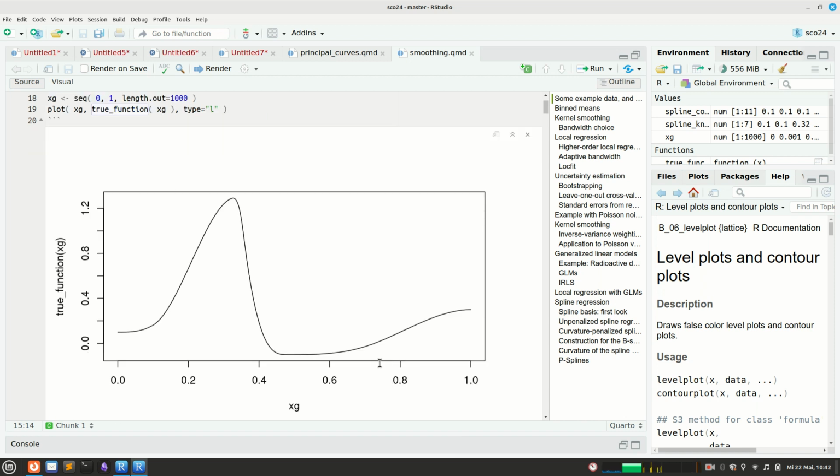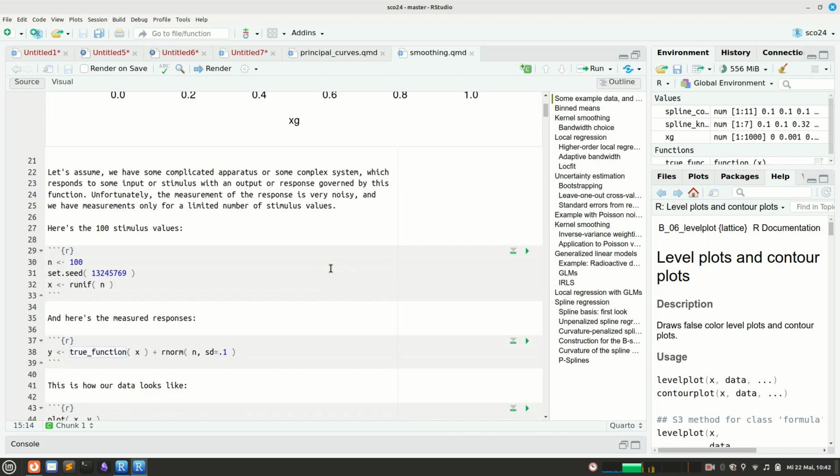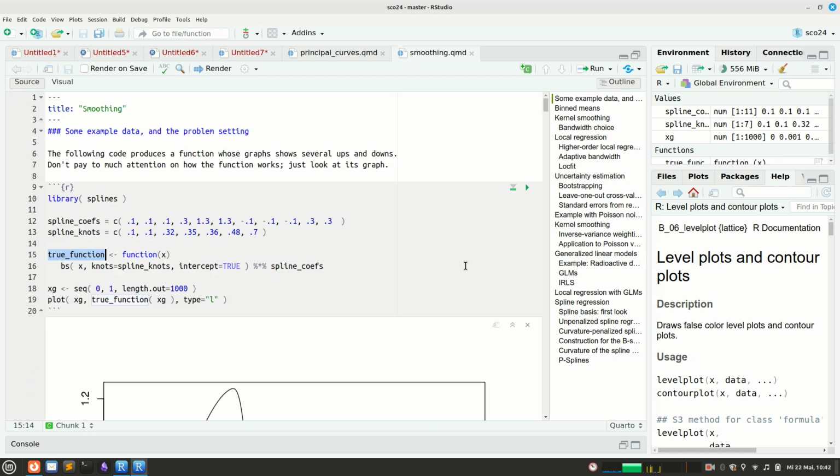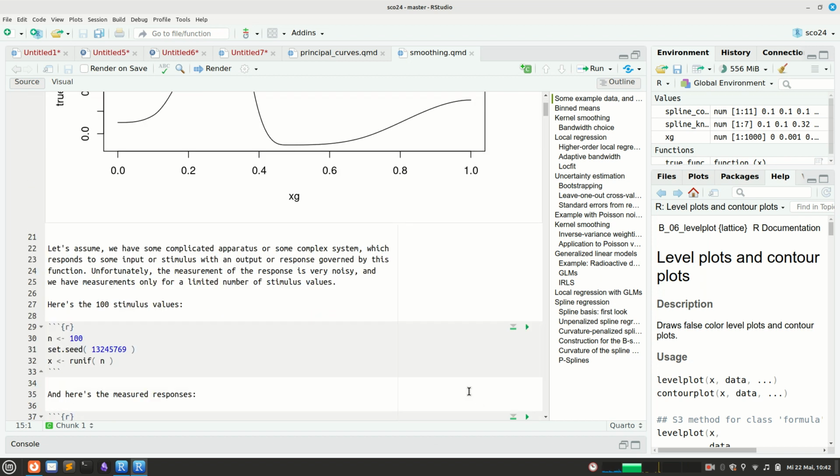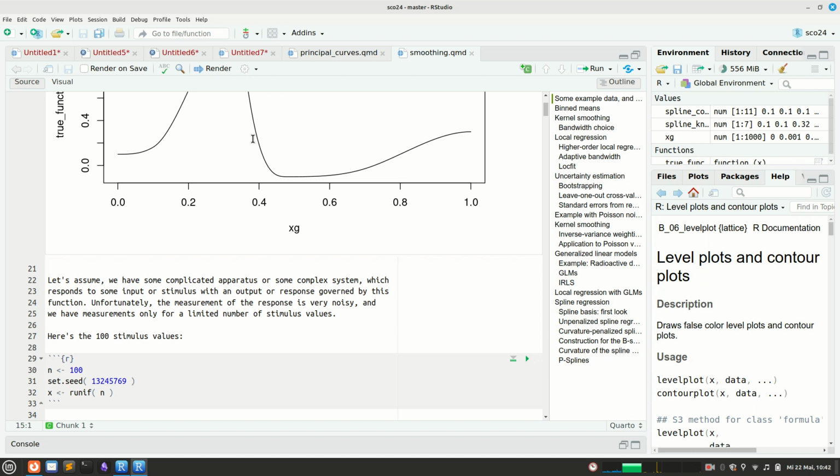And we assume that the data we are actually able to work with is not the true function, because the truth is inaccessible. We only get a noisy variant of the truth, where we add random numbers on top.